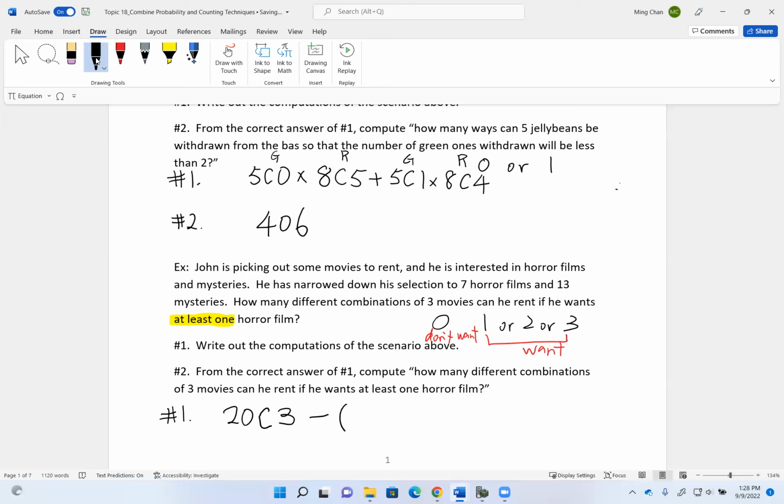There are 7 horror films. We're going to choose none of them using combination, because the order in which I pick does not matter. But when I'm choosing no horror films, I still need to choose 3 movies. That means I need to follow with the mysteries. There are 13 mysteries total, right? Choosing all 3 of them.